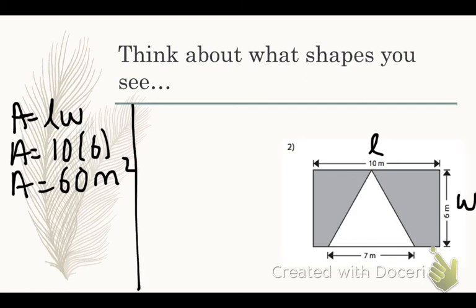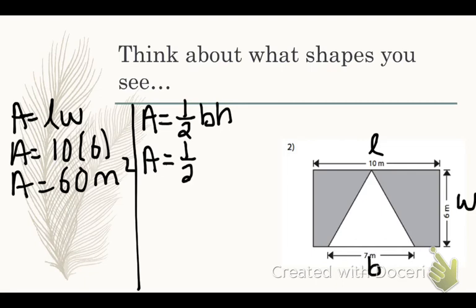For room's sake, I'm going to write on here. Now we have to find the area of the triangle. A equals 1/2 base times height. Again, remember to be writing the formulas every single time. So A equals 1/2. We have to label the base and the height. 7 is representing the base. There's not really a height shown inside the triangle, however, it is shown by the width of the rectangle.